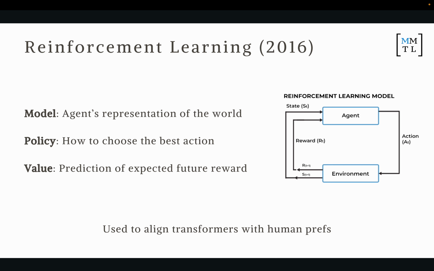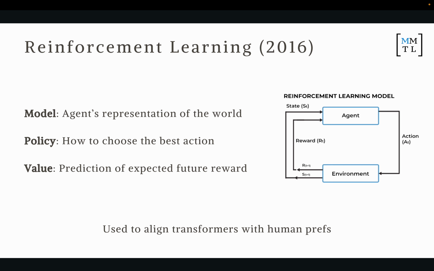So agent environment. The agent would take an action, and then that would change the environment in some way. And then the environment would provide a reward to the agent, and the agent needs to detect how the environment has changed in its state. Okay? And so there were three important things that you had to define for reinforcement learning.